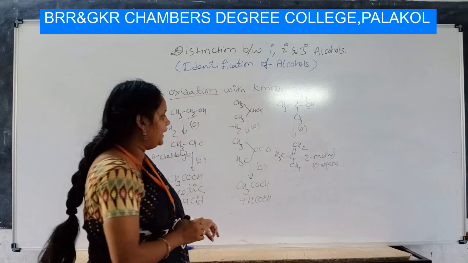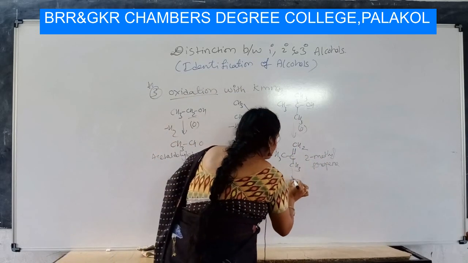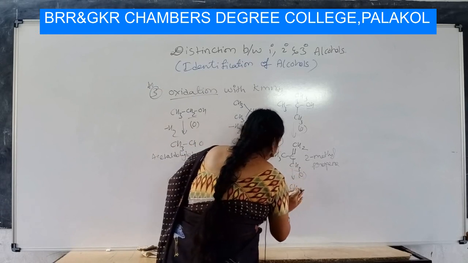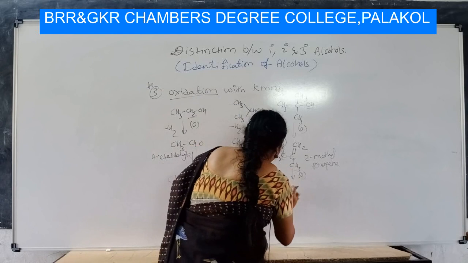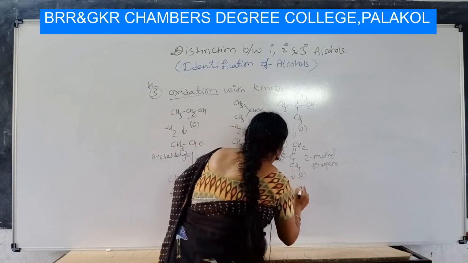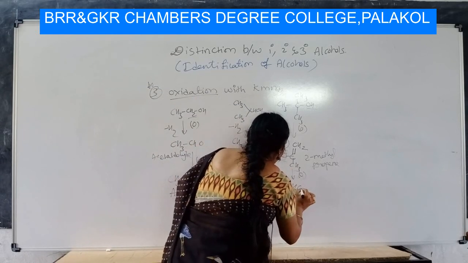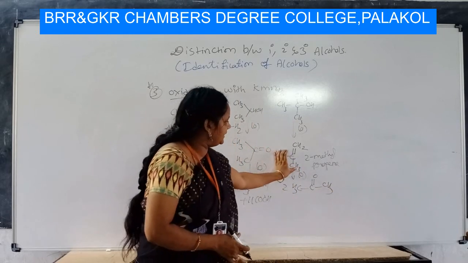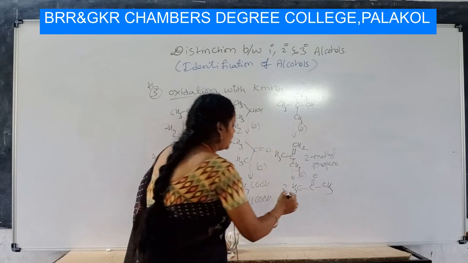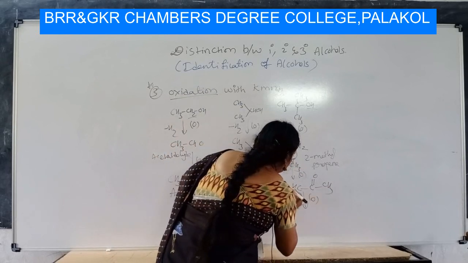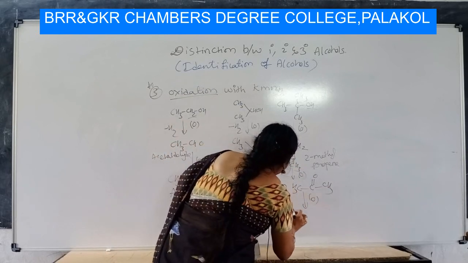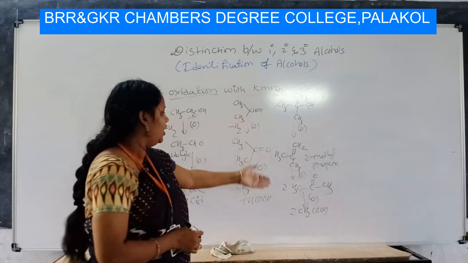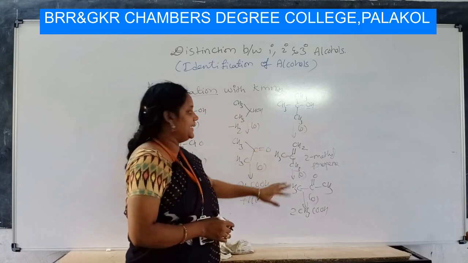This on further oxidation gives 2 moles of ketone, CH3, C double bond O, CH3. On further oxidation it gives acid, 2 moles of acetic acid.